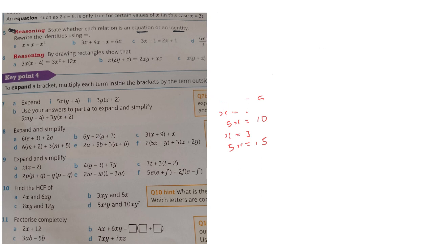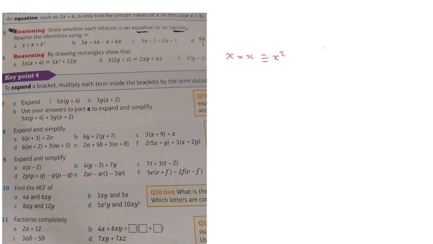So if we look at the first one where we have x times x, of course, you know that that is obviously an identity. It will be true for any value of x. So x times x should be an identity, and that should be x squared.